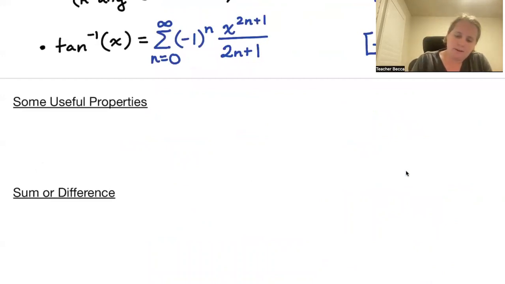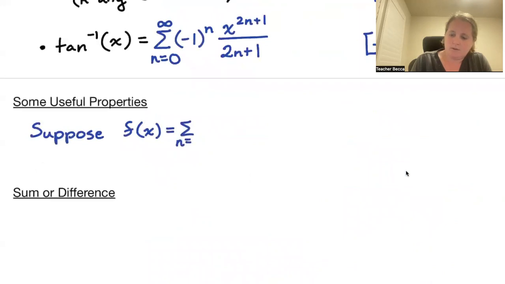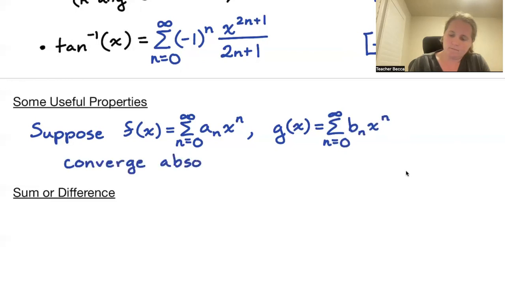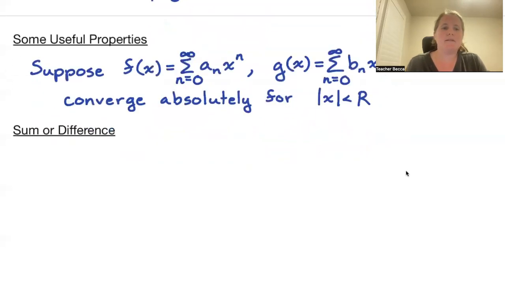So let's suppose that f of x is equal to the sum from n equals 0 to infinity of a sub n x to the n, and g of x is equal to the sum from n equals 0 to infinity of b sub n x to the n, and both converge absolutely for absolute value of x less than r. Then we get some nice properties.